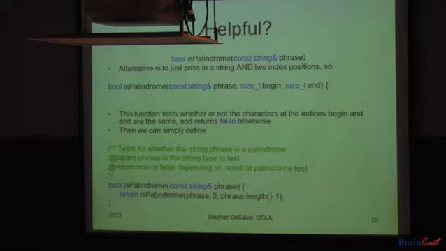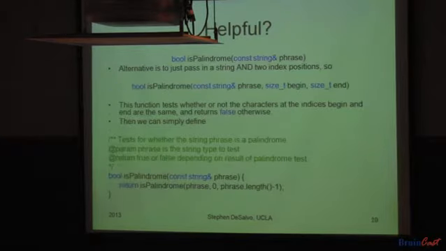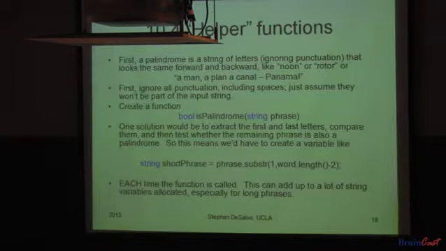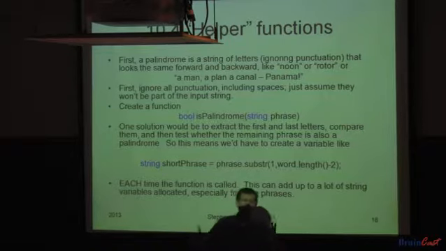Okay, so also in the same idea as recursion is this idea of a helper function. For example, consider the following function called isPalindrome. Do you guys know what a palindrome is? A palindrome is a word that is spelled the same forwards as it is backwards.